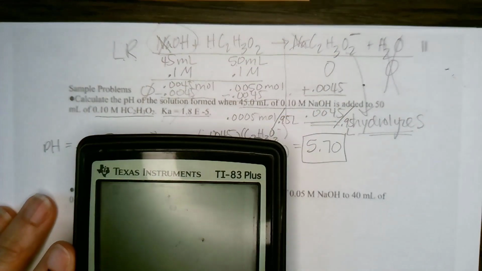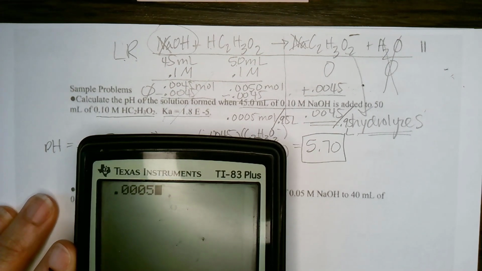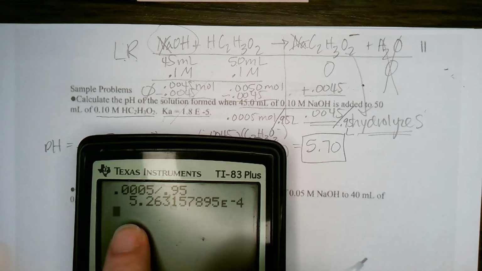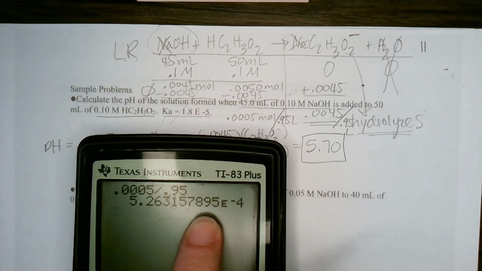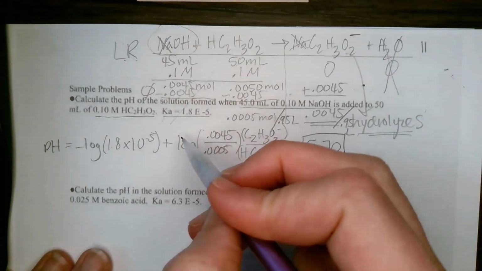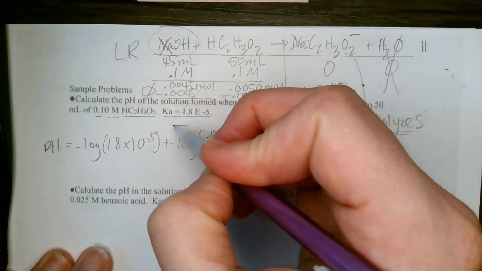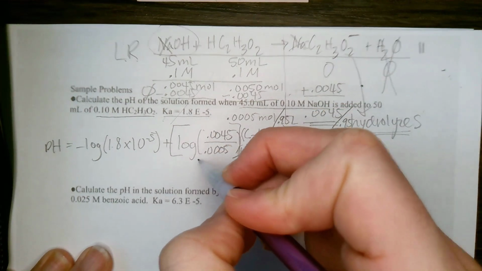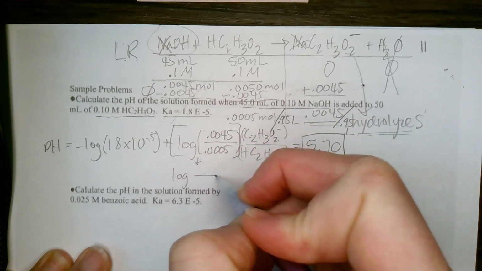So if I do 0.0005 divided by 0.95, I get a concentration of my acid as 5.26 times 10 to the negative 4. I'm going to just redo this one down here. The log of base over acid.